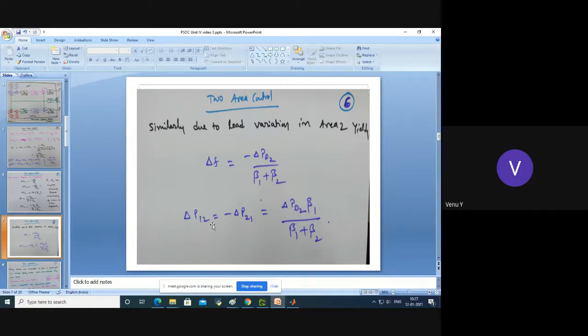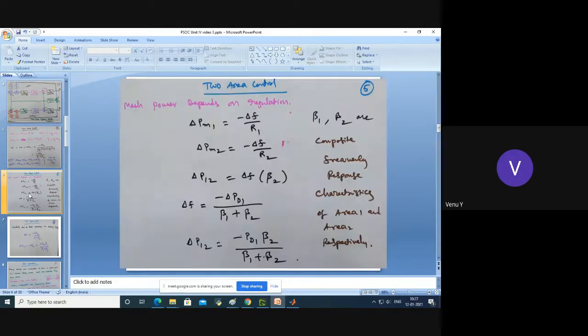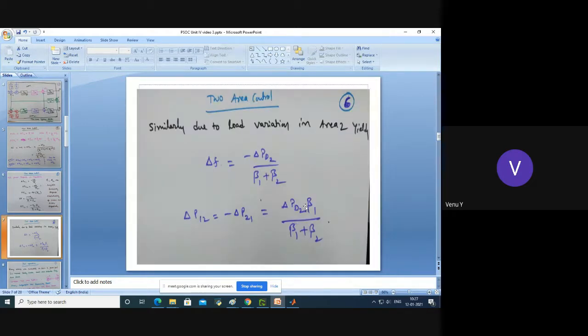Therefore, delta P12 equal to minus delta P21, which is equal to, so let us substitute this expression for delta F into beta 1. So you can substitute delta PD2 into beta 1 divided by beta 1 plus beta 2. You are computing delta P21. This is due to load variation in the second area.